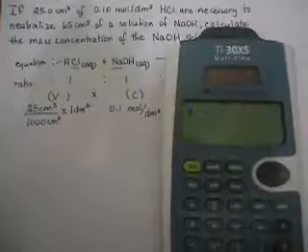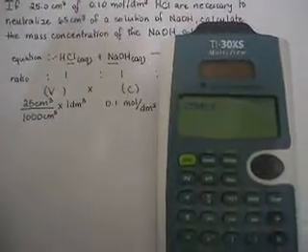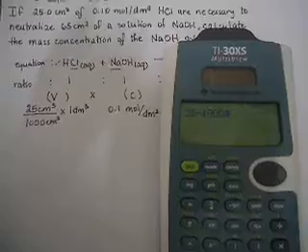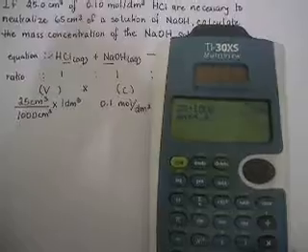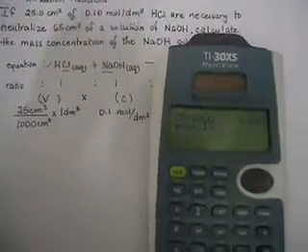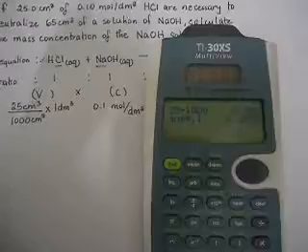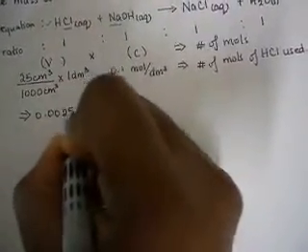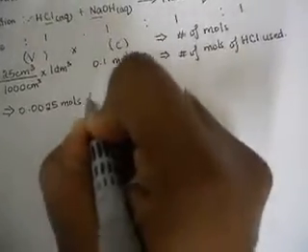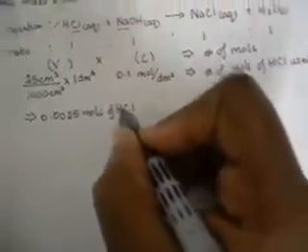With that we calculate 25 divided by 1,000, which will give you 0.025, and multiply that by 0.1, and that gives us 0.0025 moles of HCl.